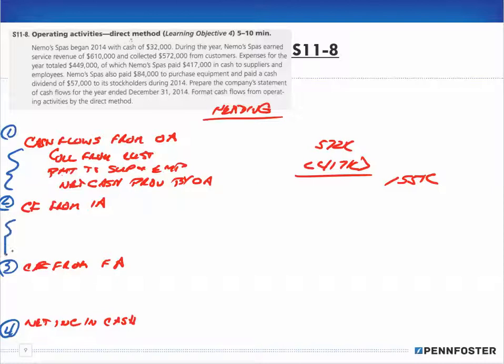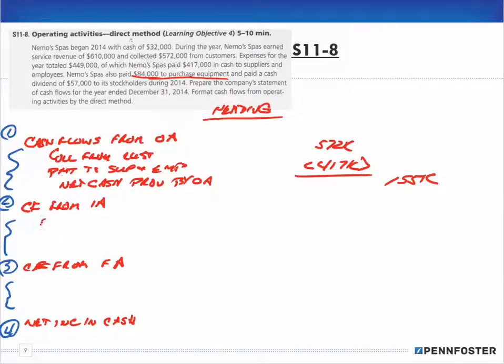Now, for the investing activities and the financing activities, these are going to be basically the same whichever method you're going to use. So the cash flows from investing activities, we had, let's see here, he also paid $84,000 to purchase equipment. All right. Well, the purchasing of equipment is the adding of a long-term asset, right?